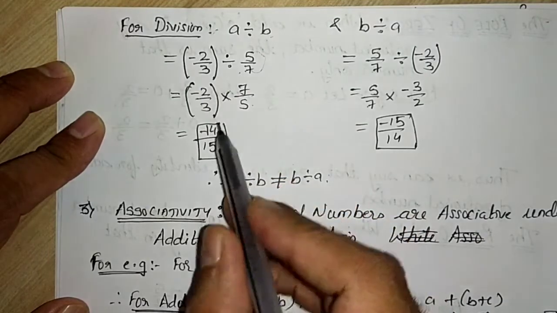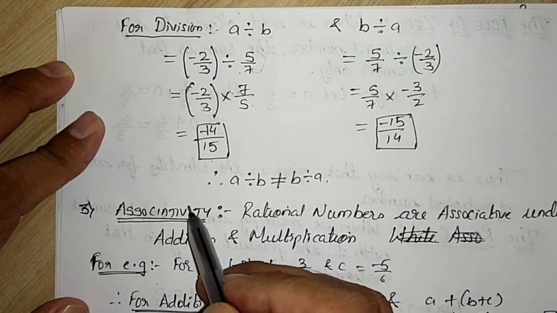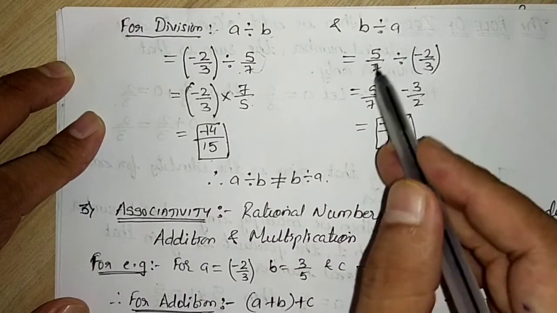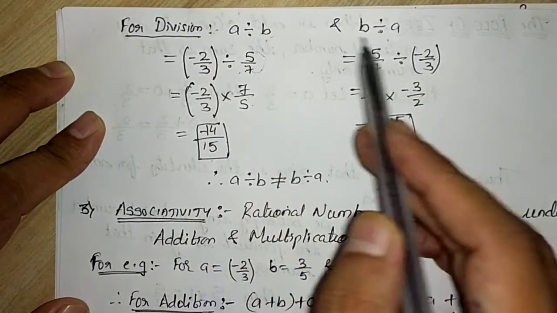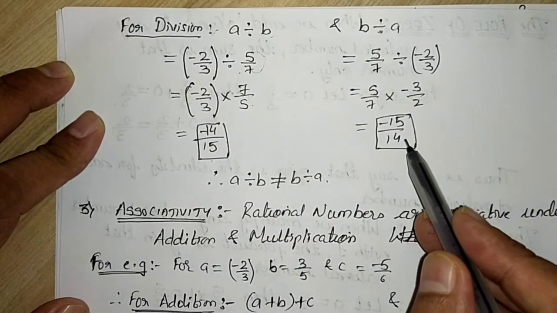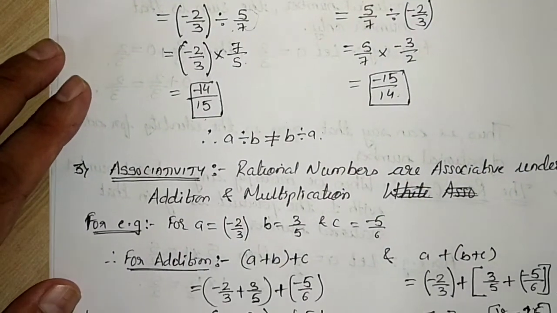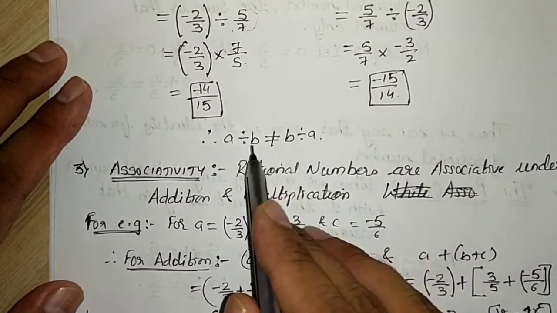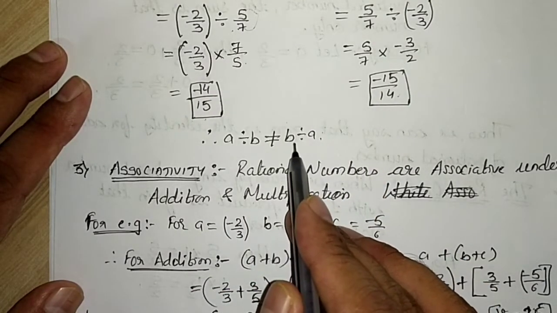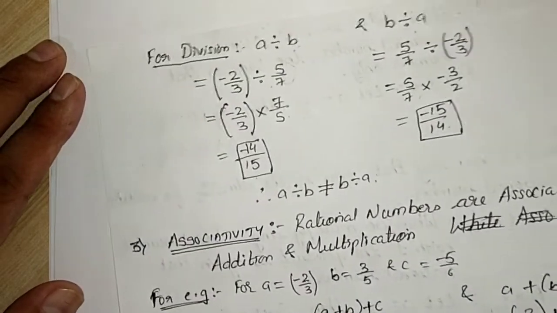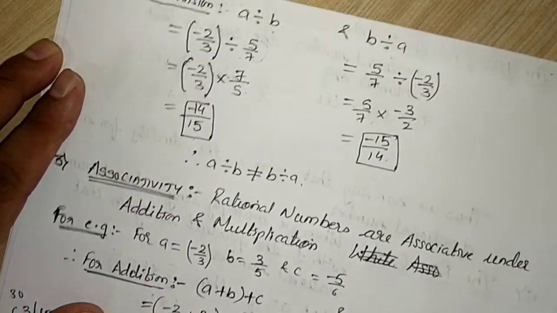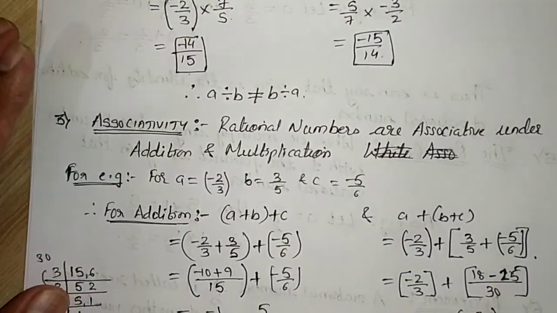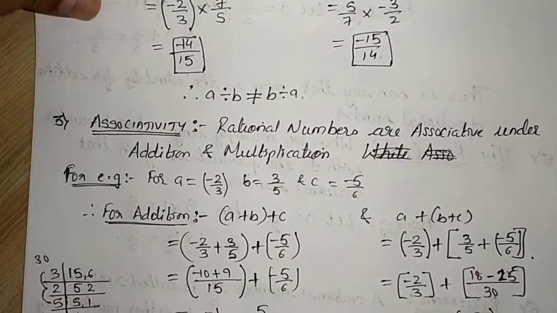Then multiplying, I got -14 by 15 as the answer. In the same way, when I solve b divided by a, I got -15 by 14, which is not equal. So I can say a divided by b is not equal to b divided by a. So for the same, I can say that rational numbers are not commutative under division.